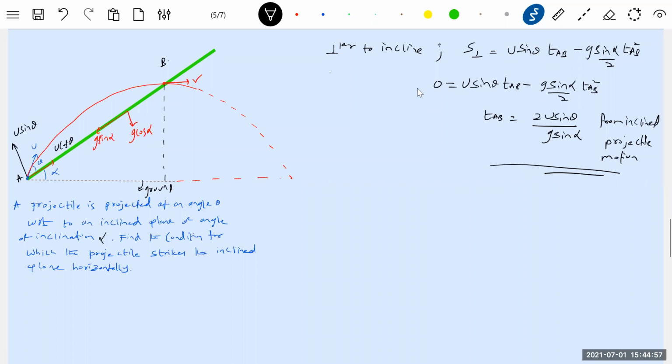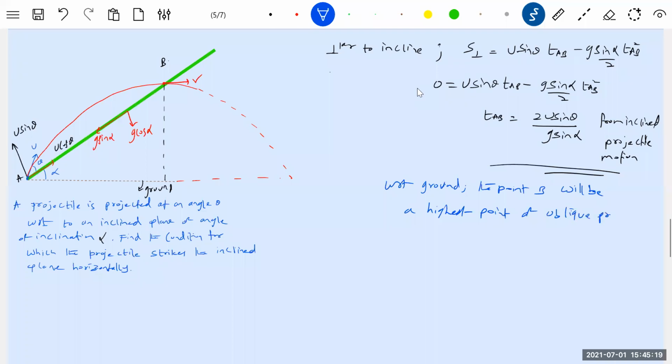So with respect to ground, the point B will be the highest point of oblique projectile motion.